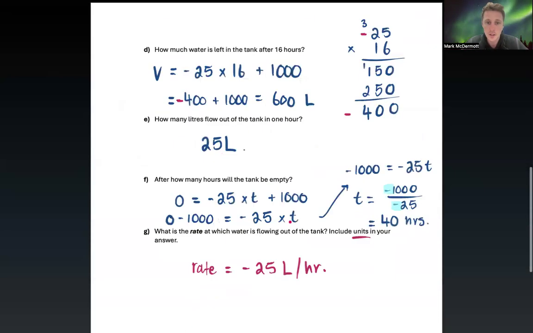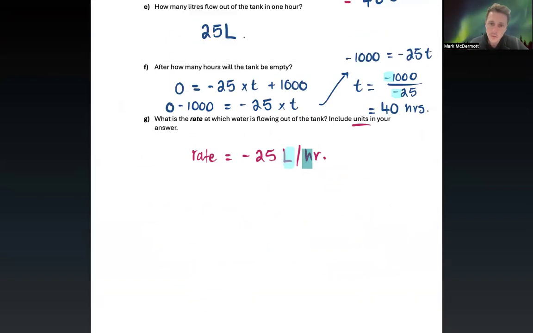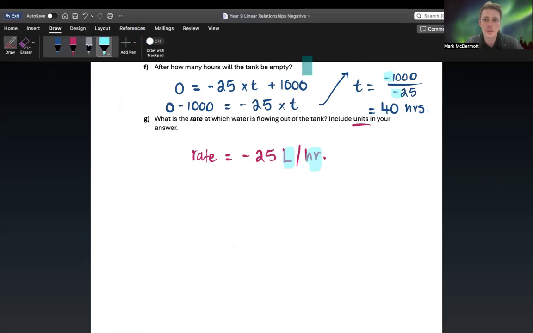So you have to take the units that were on the y-axis, which is liters, and divide by the units on the x-axis, which is hours. So you'd say that the rate at which water is flowing out of the tank is negative 25 liters per hour. And so this is an example where we have a negative rate of change, and that rate corresponds to our gradient. Okay, hopefully that clarifies some of those negative linear relation problems. Good luck.